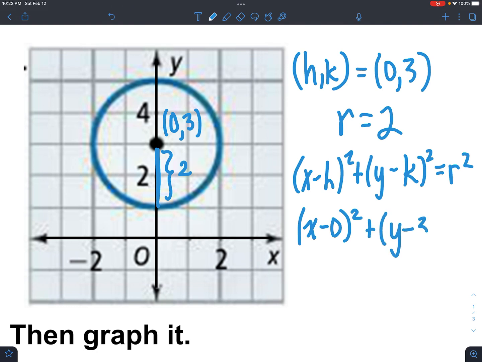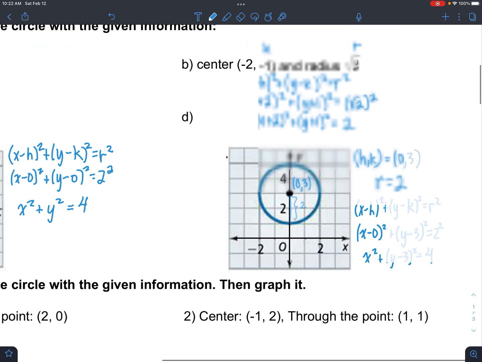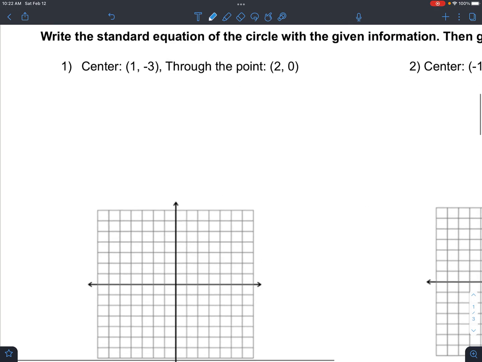So this one is 0, and this one looks to be 3 and 2. Anything we can simplify, we will, and that's our answer. So again, the radius isn't 4. It's r squared that is 4.